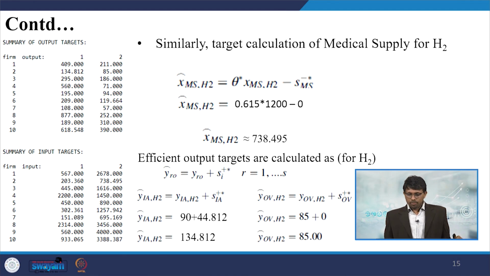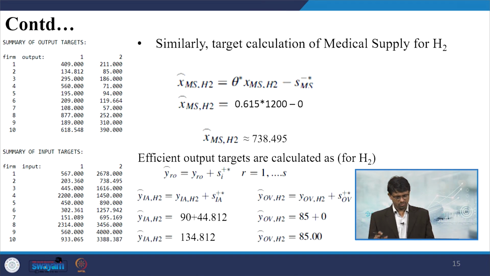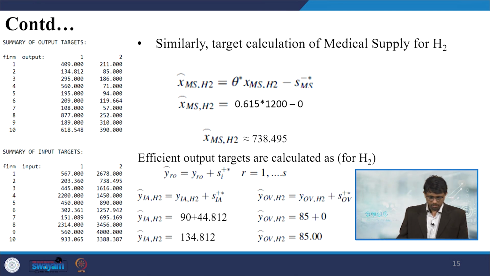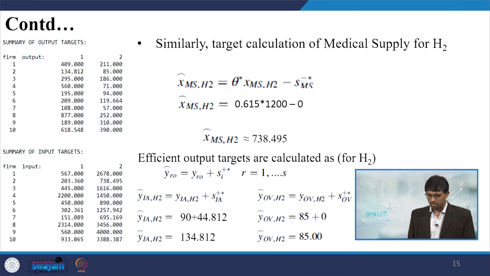Similarly, the target calculation of medical supply, this is for the first one we derived, this was for NH, is it not? So, we can also calculate for the MS. For the medical supply, you just apply the values. We already mentioned this is 0.615 times, in this case 1200, because the medical supply input was 1200, and the slack was 0.